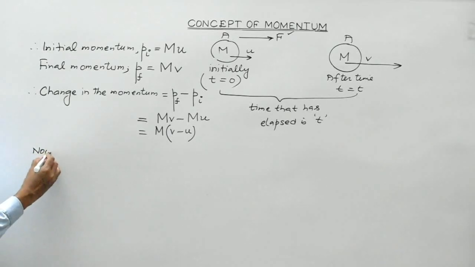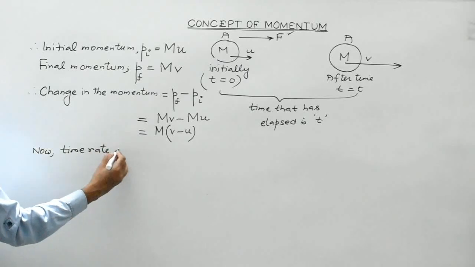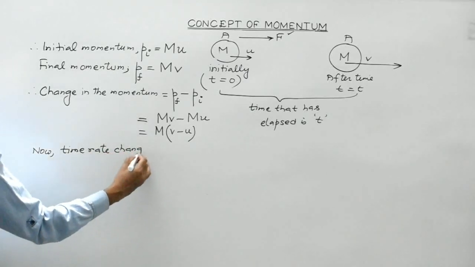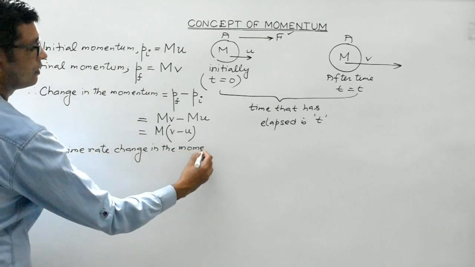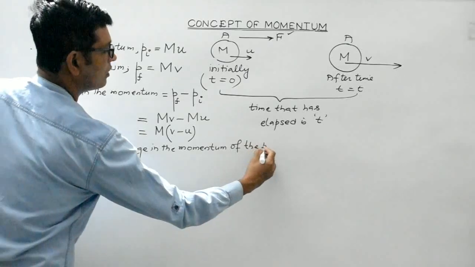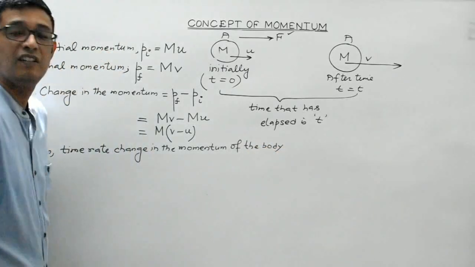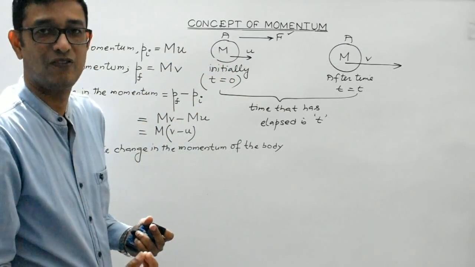Now, time rate of change in the momentum of the body. Time rate of change means the change in the momentum per unit time, right?